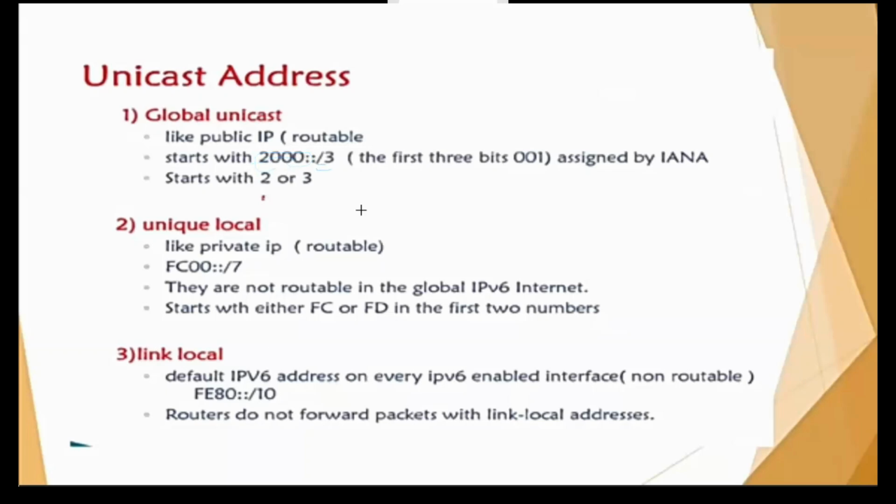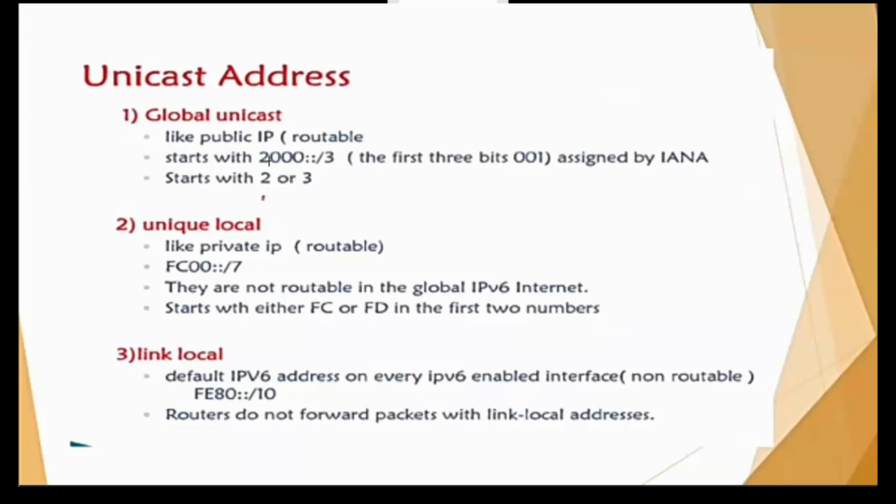So what's the meaning of that slash 3 here? Slash 3 means that is the subnet prefix length, as we discussed. So it's showing that the starting 3 bits we can't change. After that we can change.